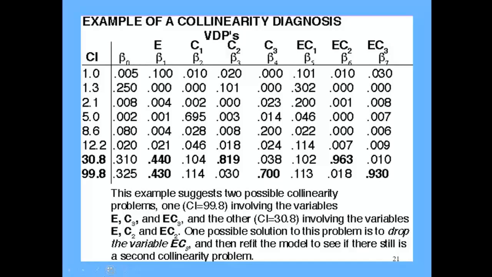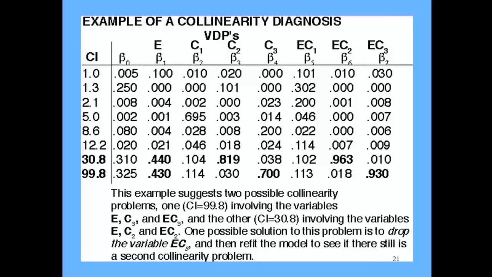The lowest value they could ever be, given the way they're defined, is 1, and they can go up as high as possible. Now you notice that I've got 2 of these CI. CI doesn't stand for confidence interval, it stands for condition index. And you notice the 2 highest ones are in bold, and they're not the same.